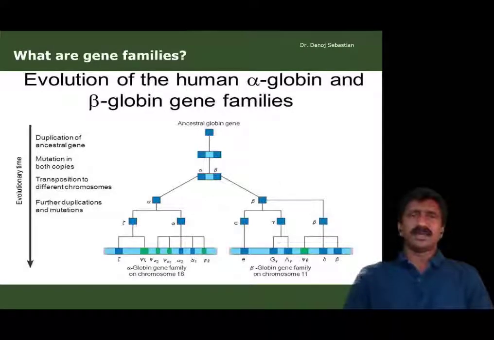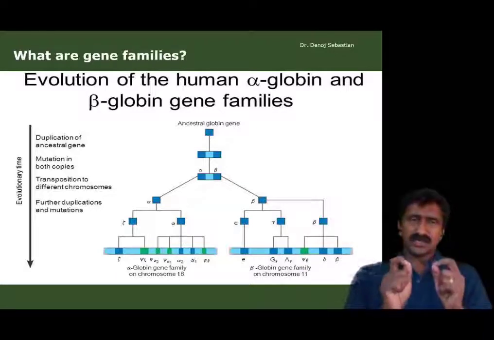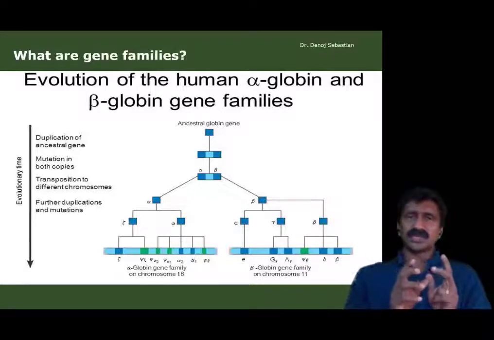Here we have the globin gene family. There is an ancestral globin gene, alpha and beta, and subsequently they branched and formed the alpha and beta globin gene family. So this is resulting from a gene duplication event of the ancestral globin gene.